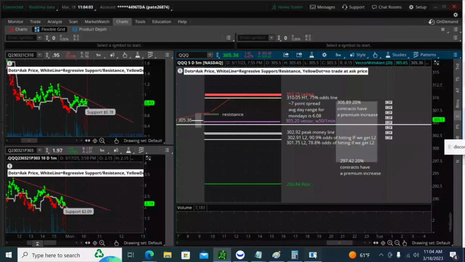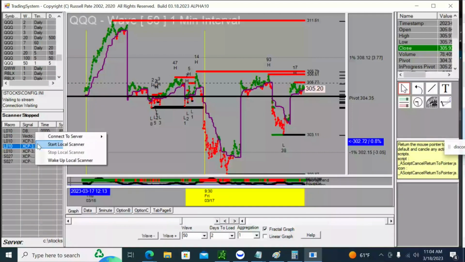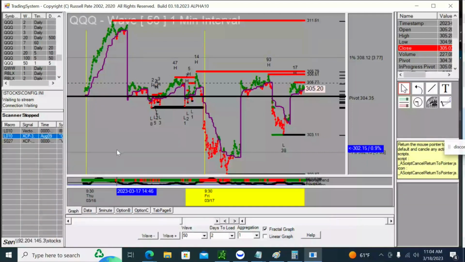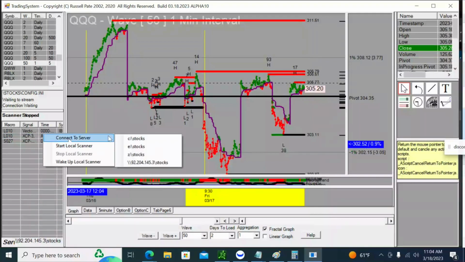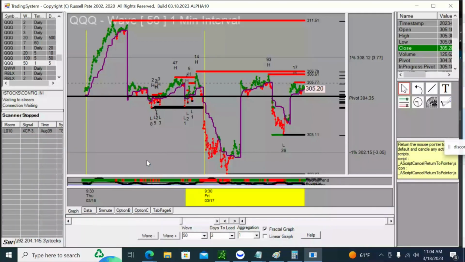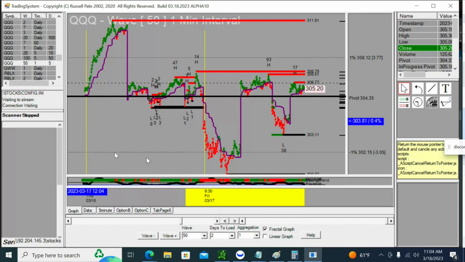And the thing too, the scanner, let's see if I can connect over to it. So this runs in real time during the day. Once I get an installation package, everybody can install this right on their desktop if you want. Like this one's running right off my desktop.